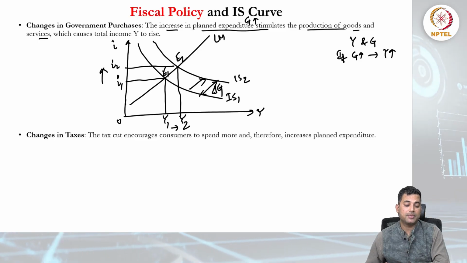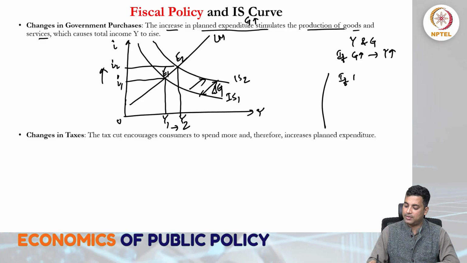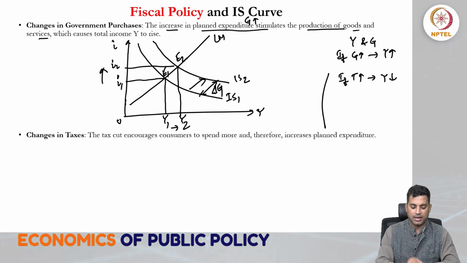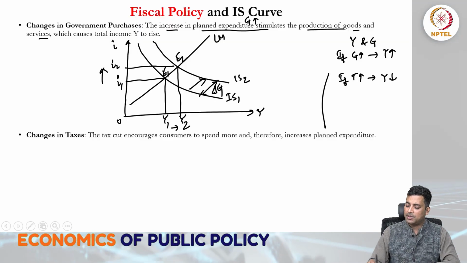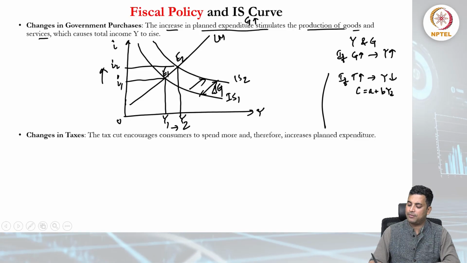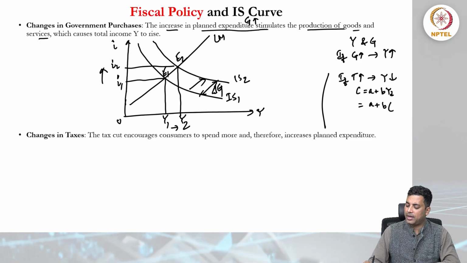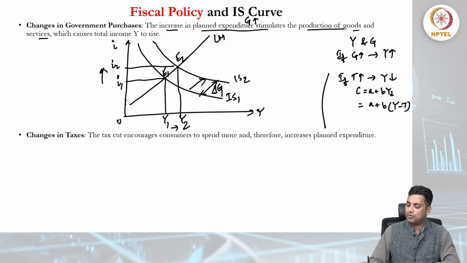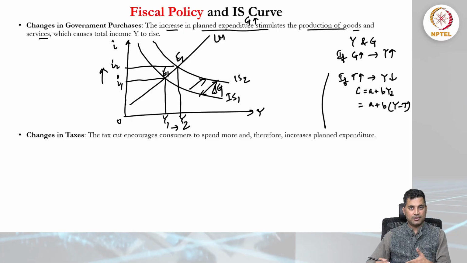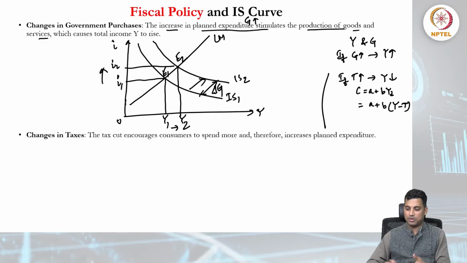Now in the case of taxation, similarly, if tax increases, then output will be reduced. Why? In this case, number 2, the consumption function, as you know, is A plus B YD, and YD is nothing but Y minus T. Obviously consumption and output are positively related: as consumption increases, output will increase as well, and if output increases, consumption will also increase.